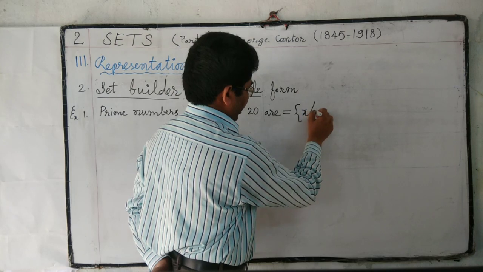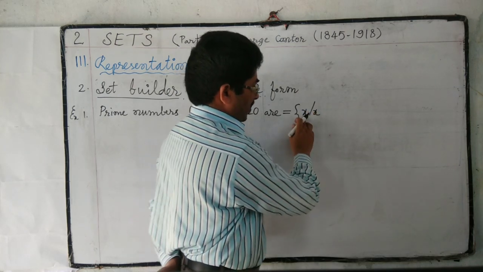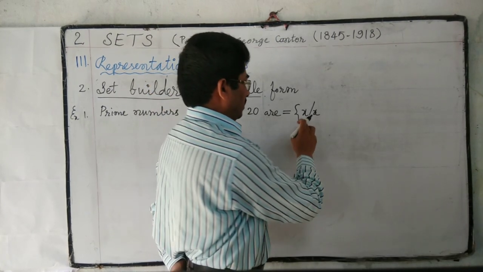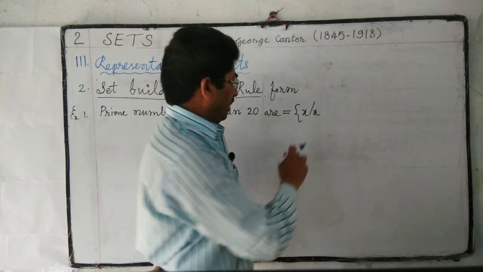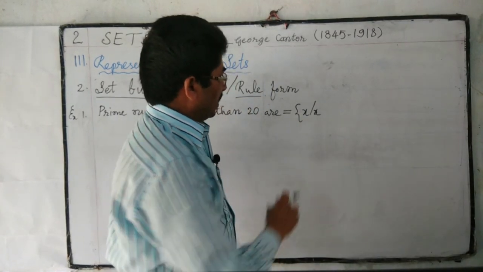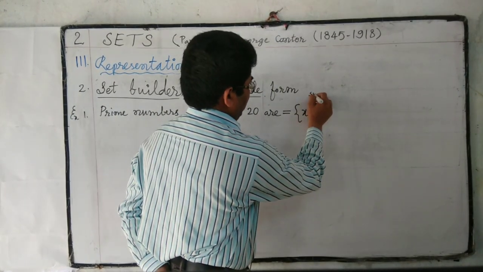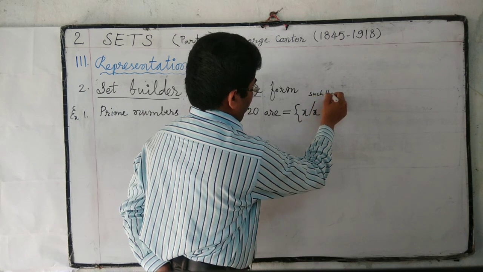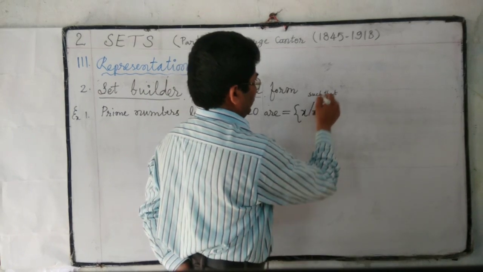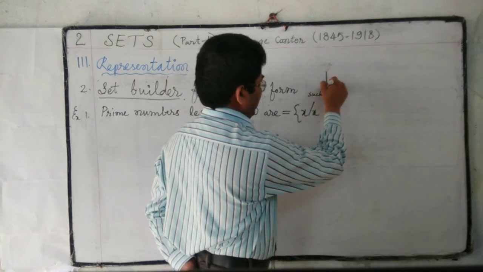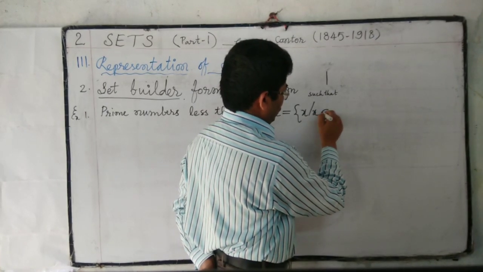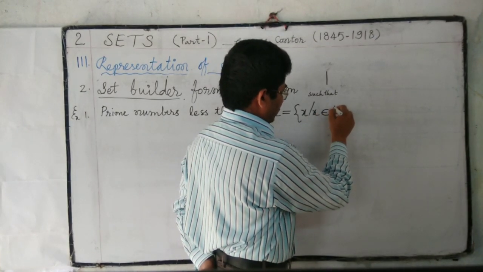X such that x. We have to write x or any small letter, and also use a colon. We can read this as such that, and also we can use the vertical symbol. x such that x belongs to prime numbers.